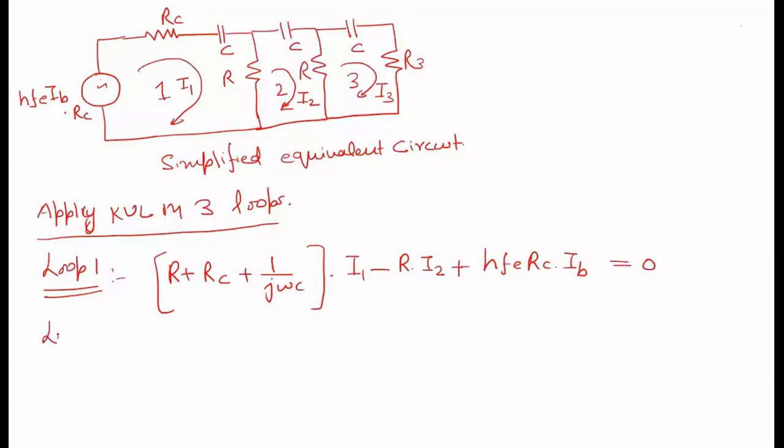Now for loop 2, similarly, we have the current I2. First of all, we will write the term for current I1.